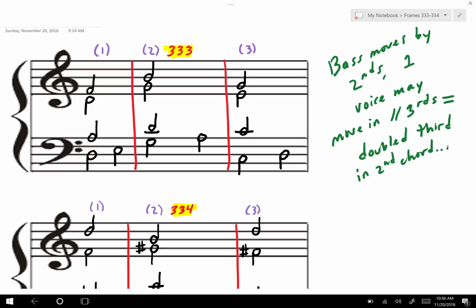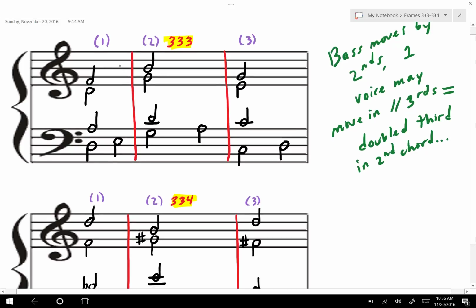So for frame 333 for number 1, here is what we had somebody do. Okay, so this person knew that we had to build an EGB triad because I see EGB that they built.